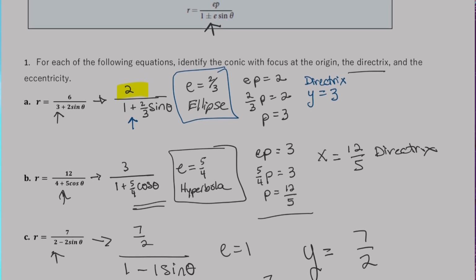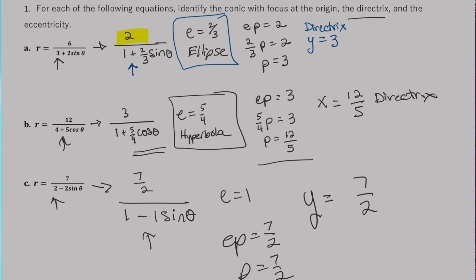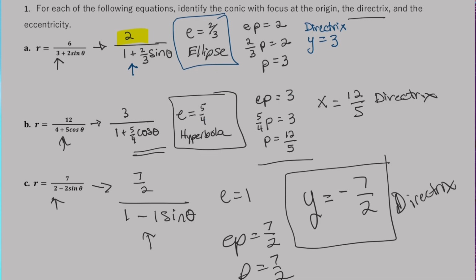But since it's a minus sign, we're going after the symbol on the bottom. So our directrix is y equals -7/2 or -3.5. We are used to seeing the directrix for this parabola. It is y equals -3.5. Here's our p, here's our e, and we know this is a parabola.